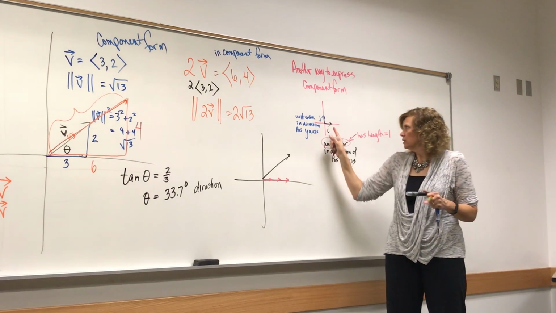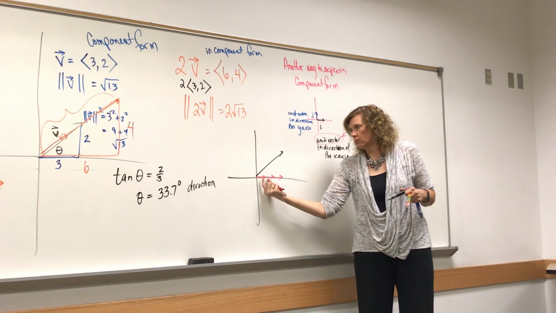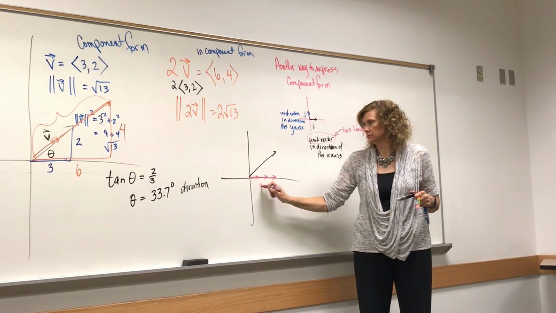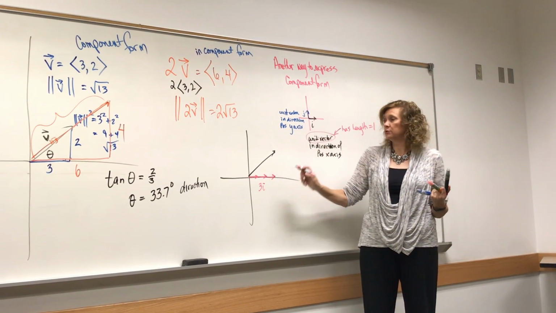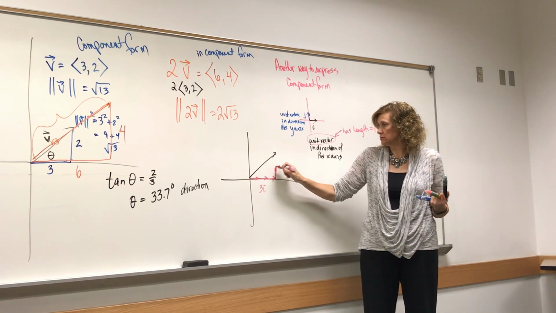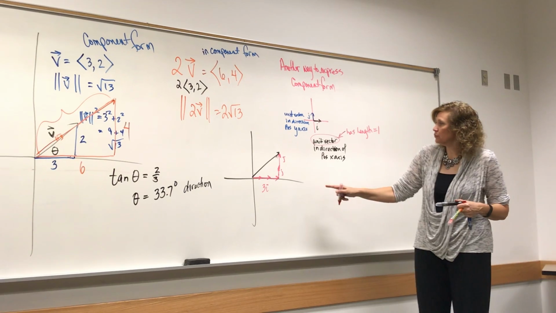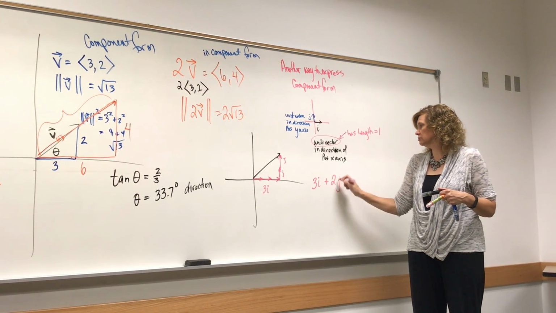So if my i unit vector is in the positive x direction, I've got 1, 2, 3. Okay, I got 3 i's. And now I'm going to move up, which means I'm going to do j. I'm supposed to have 2 of these. j, j. So we can express it as 3i plus 2j.